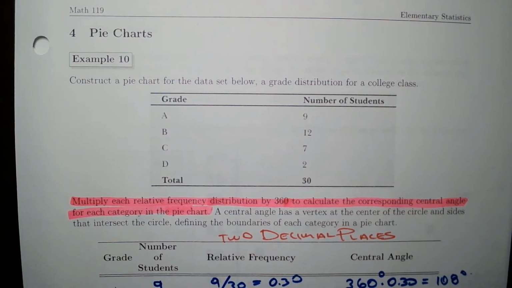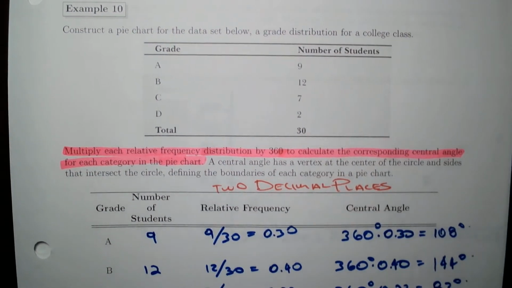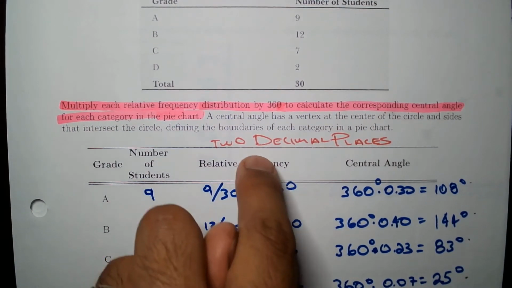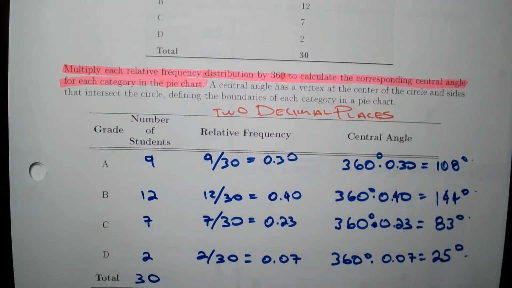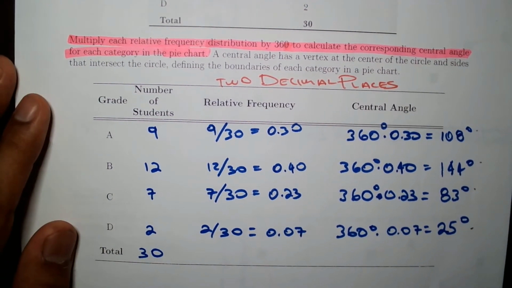So that's going to define the boundaries. The width of the angle is going to define the frequency. Typically, we round relative frequencies to 2 decimal places, so we can get as close as the closest integers possible. So this is what we do.